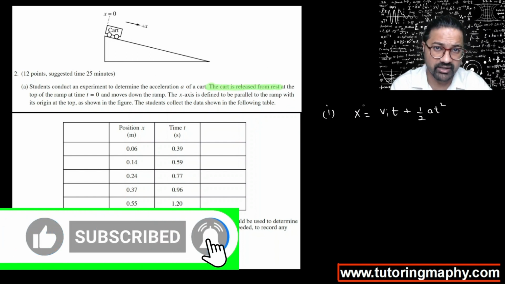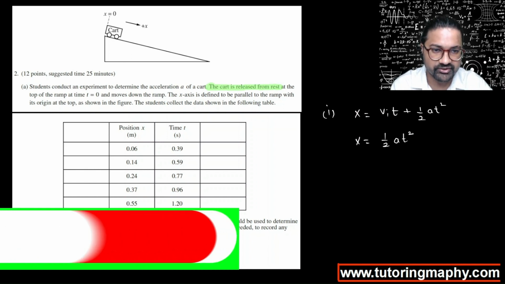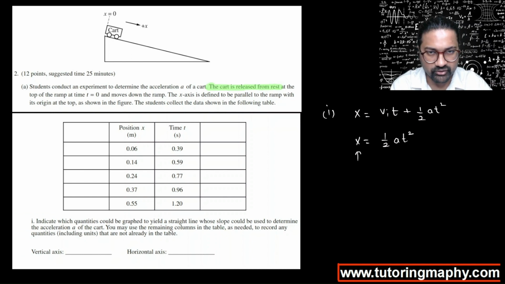So fortunately, vi is 0. So the equation boils down to x equals half a t square. And we have the value of x. All we need is the value of t square so that its slope will be equal to half of a, which can definitely help us to find the acceleration, right?